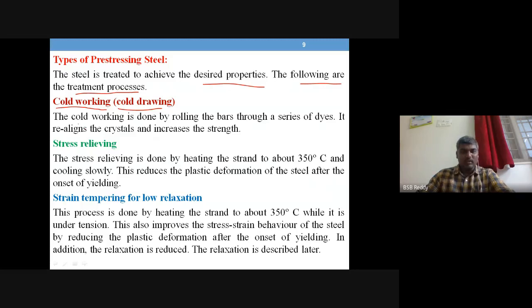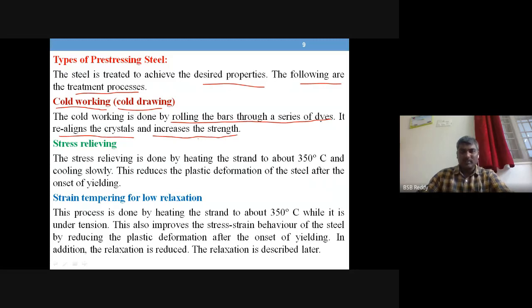So what do cold drawn bars or cold drawn steel mean? It is prepared by rolling the bars through a series of dies. What happens because of that rolling? It realigns the crystals and increases the strength.